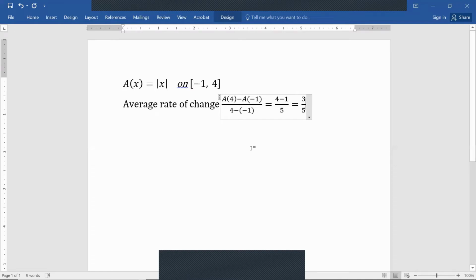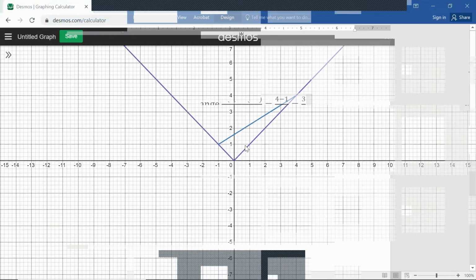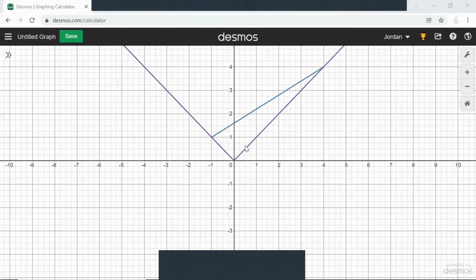I'm going to look at this one graphically first. I have graphed the absolute value of x in purple. And then I've drawn the line segment that connects the point -1, 1 to the point 4, 4.